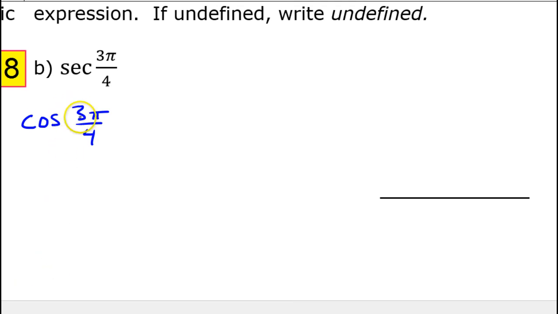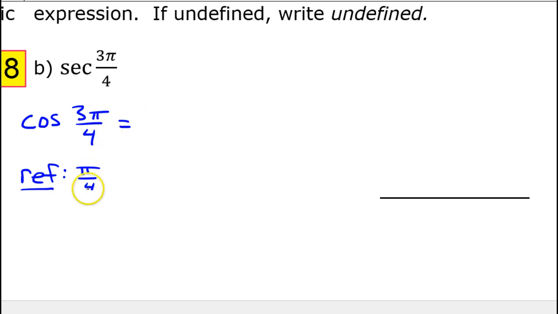Well, forget the 3 for a second. What's the cosine of pi over 4? In other words, the reference angle is pi over 4. So the cosine of 3 pi over 4 will be the same thing as the cosine of pi over 4, except it might need a negative sign on it.